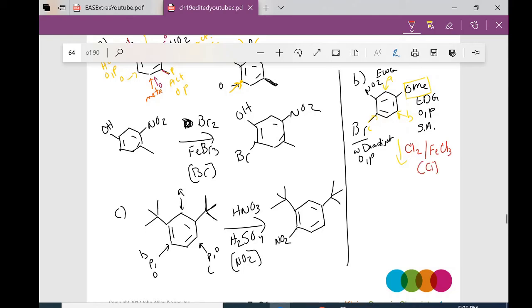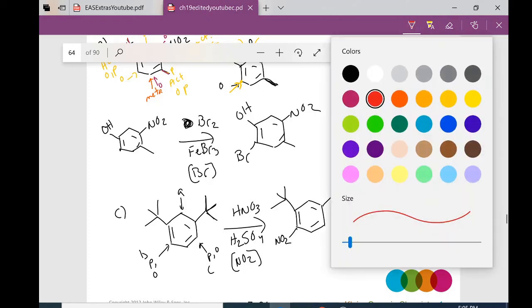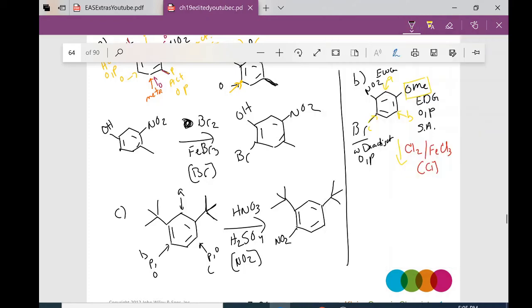Okay, now we're going to install that chlorine at position B. So that's how we work those problems when we have multiple substituents on a ring.